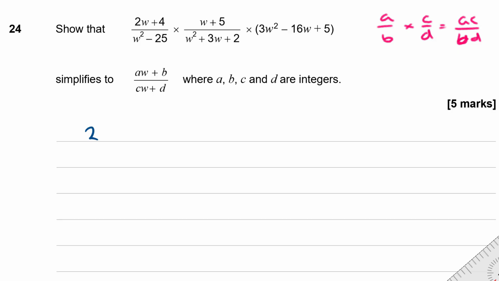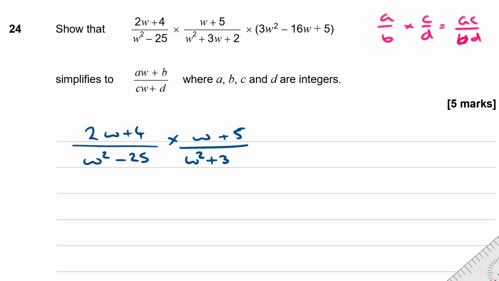Okay, so let's start with 2w plus 4 over w squared minus 25 times w plus 5 over w squared plus 3w plus 2, and that's going to equal something all over 1 divisor.